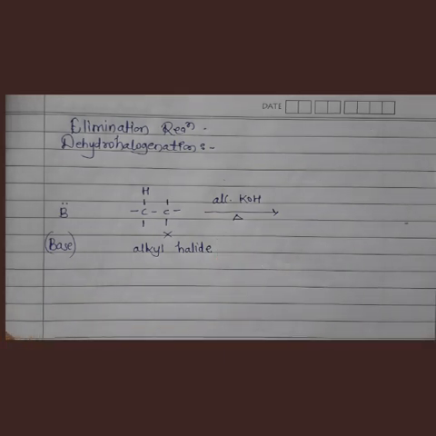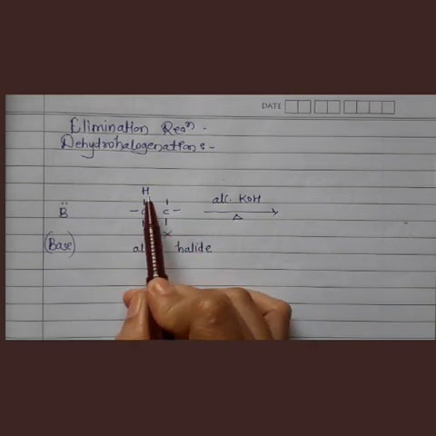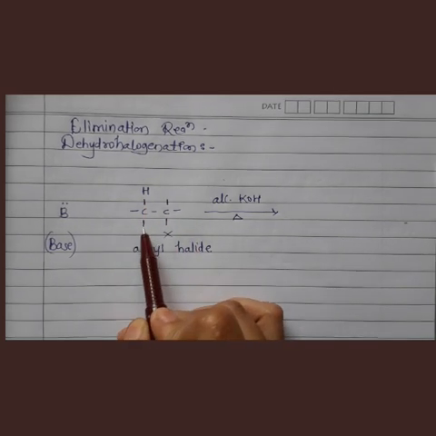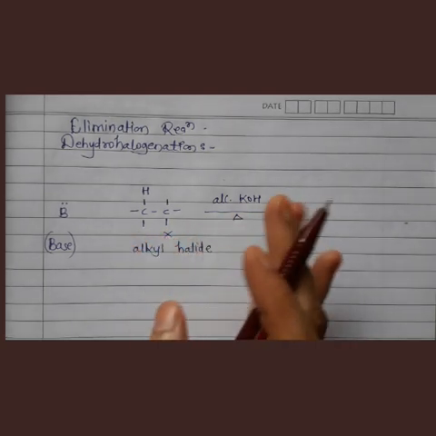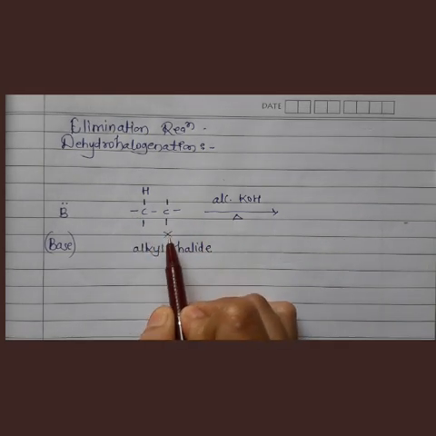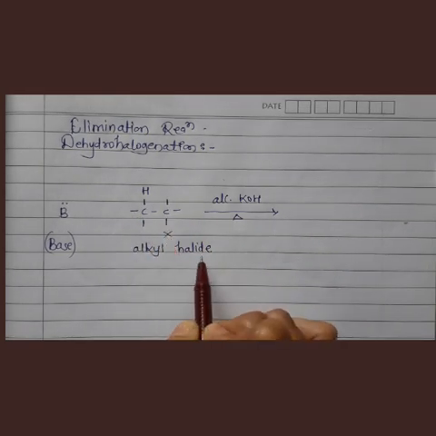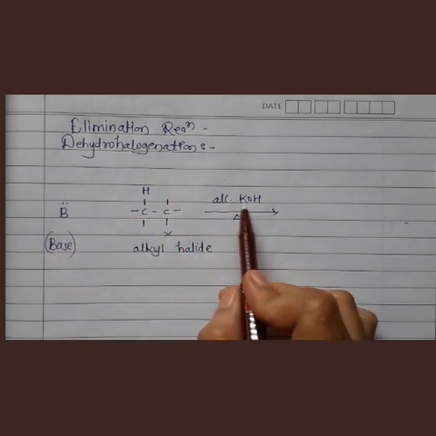So see here, alkyl halide is shown over here. Carbon carbon single bond. Here one hydrogen is there. Here any group can be there, any alkyl group, CH3 or C2H5 anything, but it is not shown. And on this carbon atom halogen is there. So this is alkyl halide. B is for base. Base is derived from this alcoholic KOH.